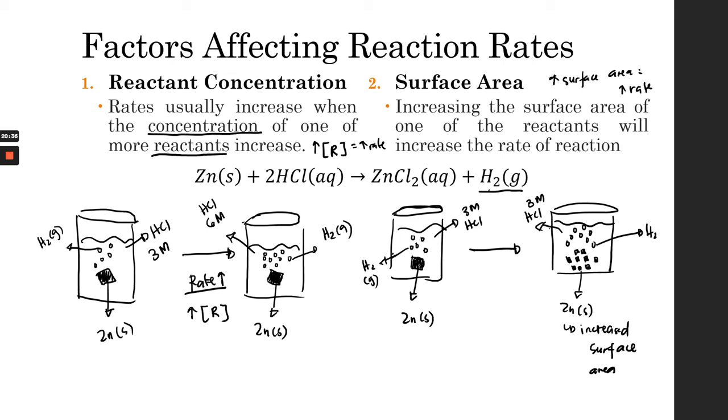So the zinc solid inside, the one that is not exposed to HCl, is not being bumped by HCl. But after you grind it, you have more surface area exposed to the 3 molar concentration of HCl, so there's more bubbles of gas released. So both increase the rate of reaction.